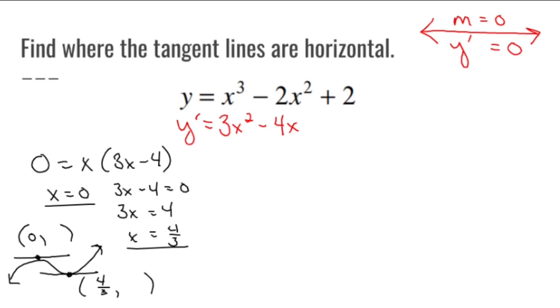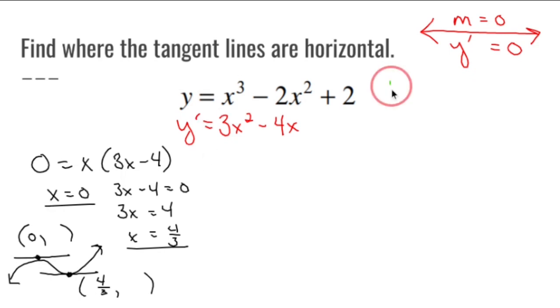But I can find the y value by taking 0 and 4/3 and plugging it into the original equation. Not the derivative, the original equation, because that gives me the exact locations as to where these tangent lines are horizontal. So let's do the easy one first.